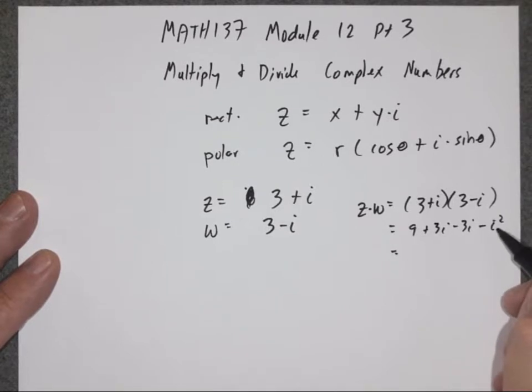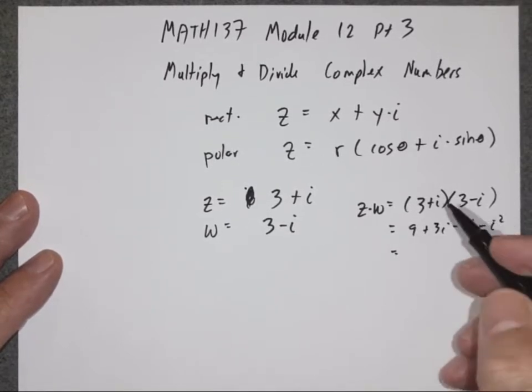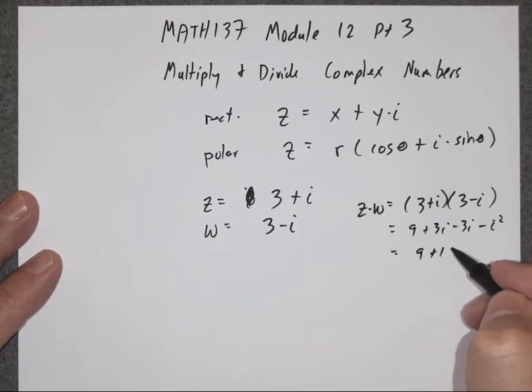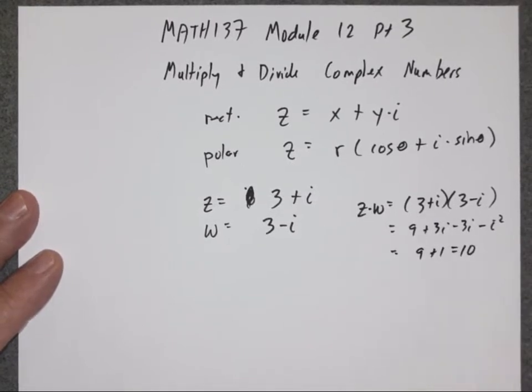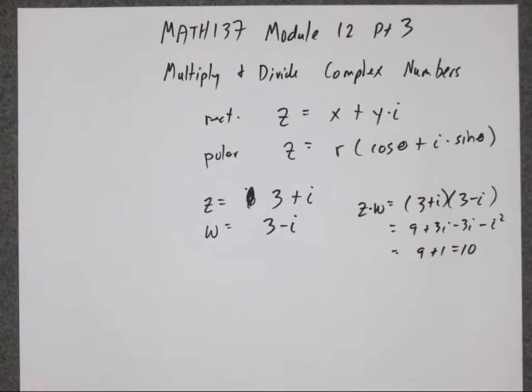Remember i squared equals -1, so I'm subtracting a -1. So if I multiply those together, it equals 10.